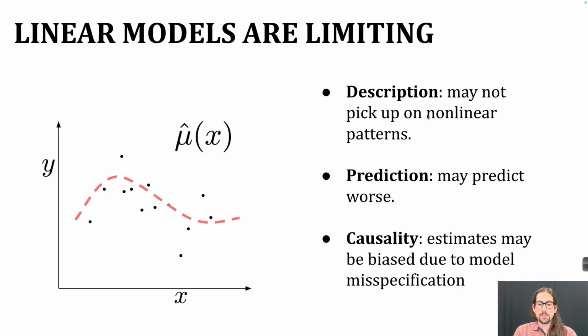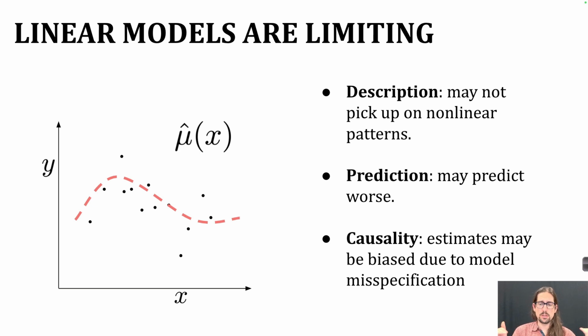So for description, if you're doing linear regression, you may not pick up on nonlinear patterns. So for example, if the relationship between y and x is a U shape, then if you fit a linear regression, we're going to see this in a minute, you're going to get a flat line. And you're going to get a flat line with very high confidence. You're going to have a lot of stars on that regression coefficient, tiny p-value, very small confidence interval.